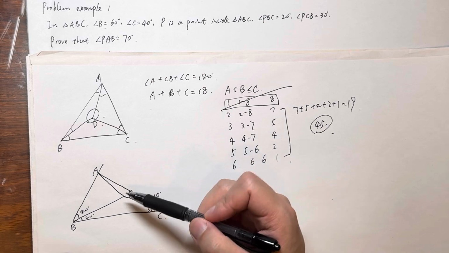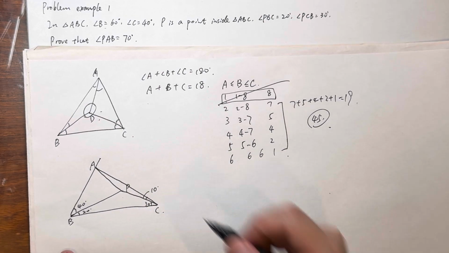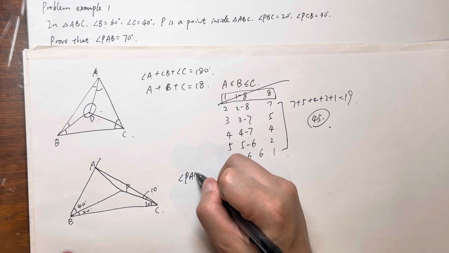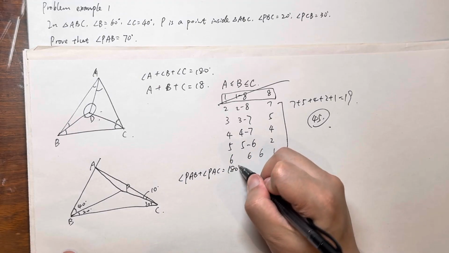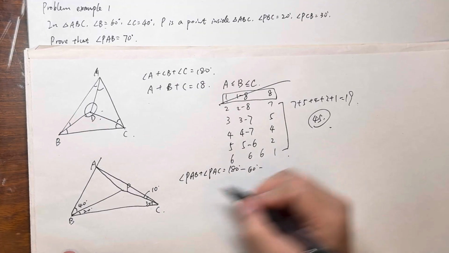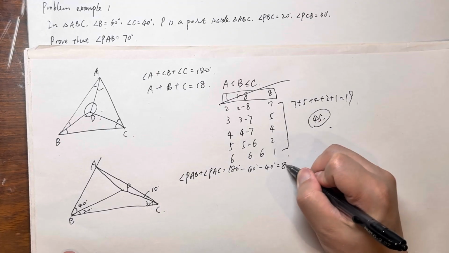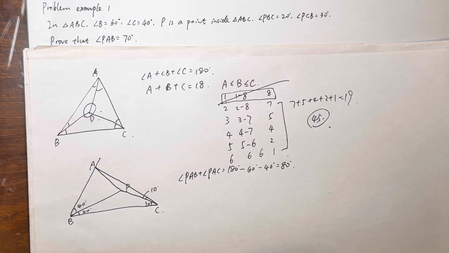Basically, it's asking us to find angle PAB and angle PAC. We know that angle PAB plus angle PAC equals 180 degrees minus 60 minus 40, which is 80 degrees. That's what we know here. Now, the angle form of Ceva's theorem, we can use it, right?